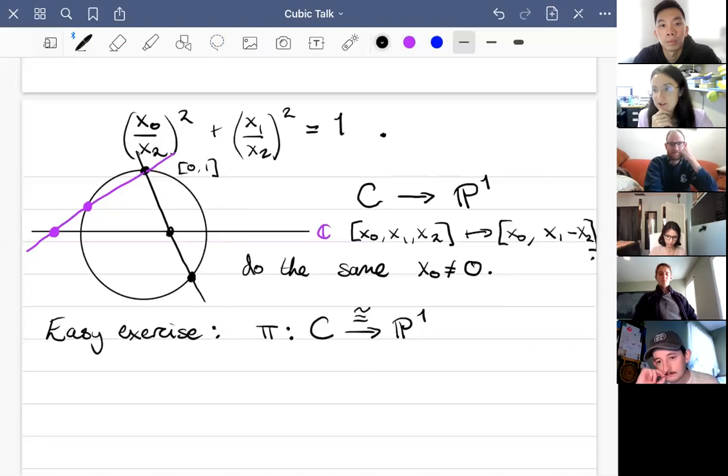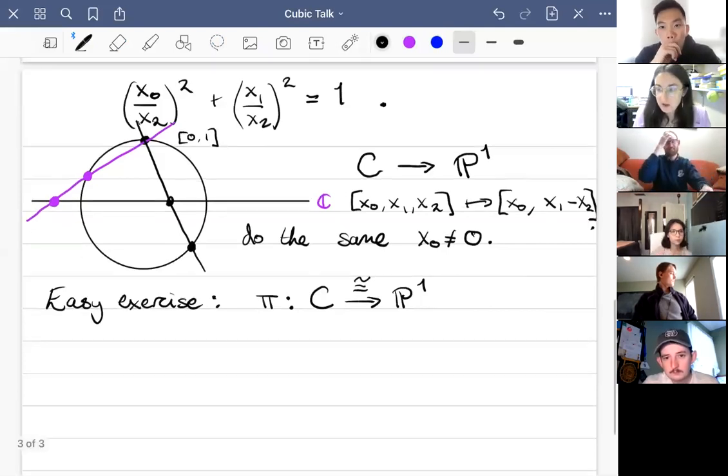It gets a little bit trickier in higher dimensions, so these pictures don't really work as well as you might hope. But this works exactly the same. If you've done complex analysis, this is exactly the stereographic projection, where we do it with P1 being a sphere. This is exactly the same idea. Okay. Yeah. Thanks.